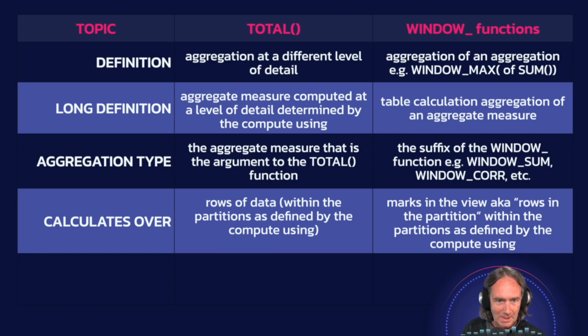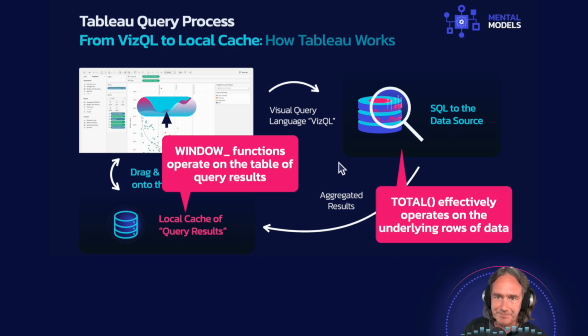So with that, I'm going to actually jump ahead a slide here, because this was a slide we'd previously shown in the mental models video, and you should be seeing a link to that on your screen. And what's happening is when we're dragging and dropping a field on the canvas, Tableau's running VizQL.